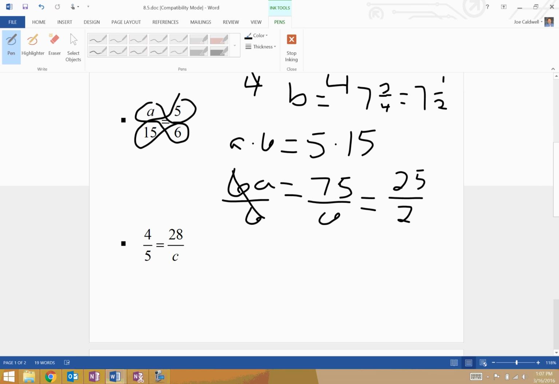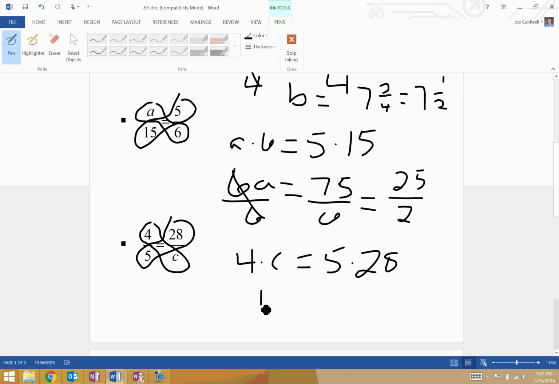Even if c is on the bottom here, okay, still do cross products. So that's going to be 4 times c equals 5 times 28. So we have 4c equals 5 times 28. 5 times 20 is 100. 5 times 8 is 40. 140. Oops.